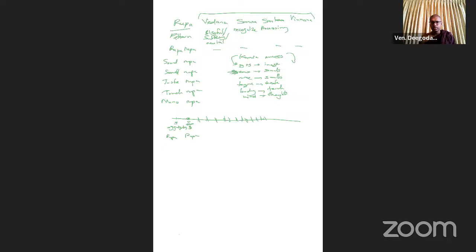Whether it's rupa, saddha rupa, or gandha rupa, regardless of what it is, we have created various types of rupa. If we aggregate everything together, we get a mountain of rupa. And again, that is the same for Vedana, Sanya, Sankara, and Vijnana as well.